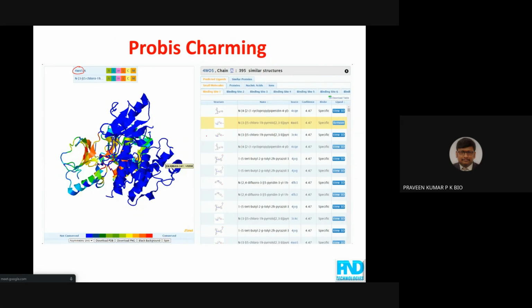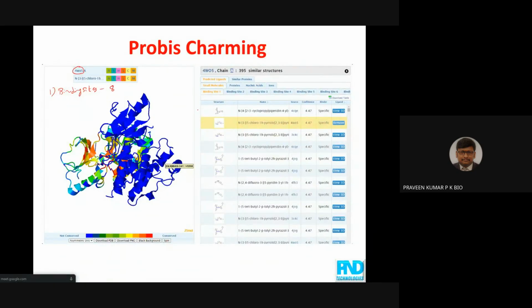After uploading it, I got numerous chemical compounds binding in the binding sites. First of all, for the protein, it determines the binding sites. The first process it does is finding the binding sites. For this protein, I think nearly 7 to 8 binding sites are there.